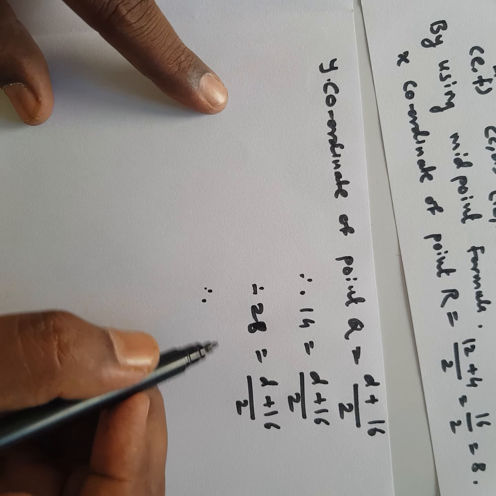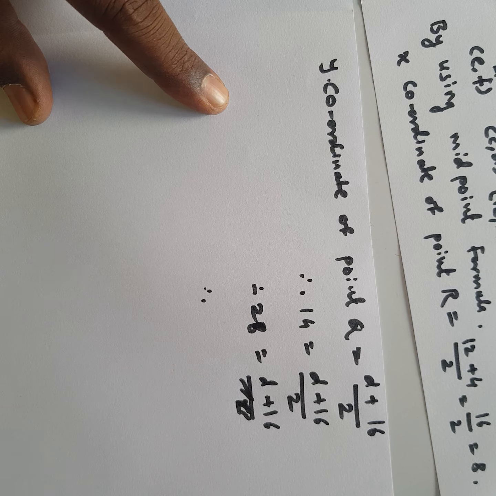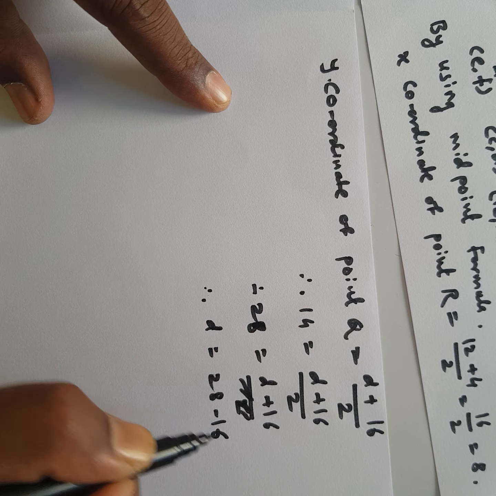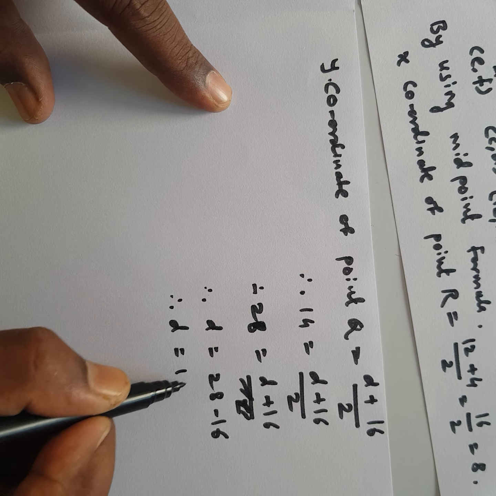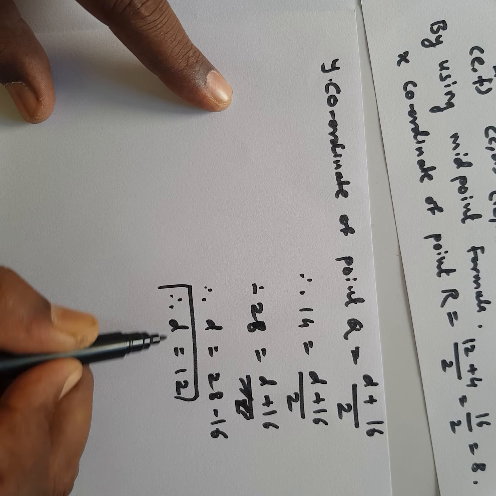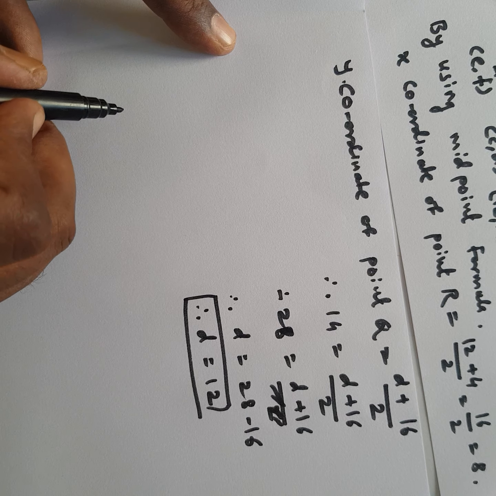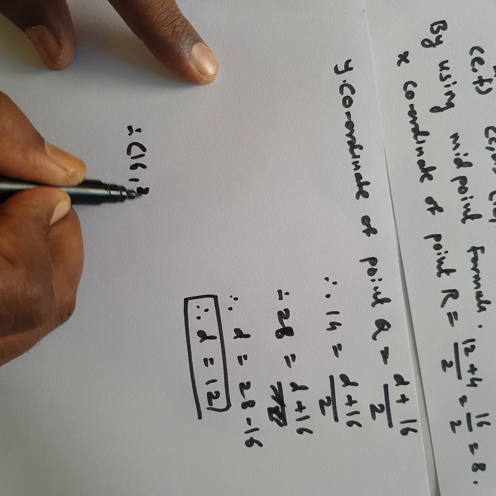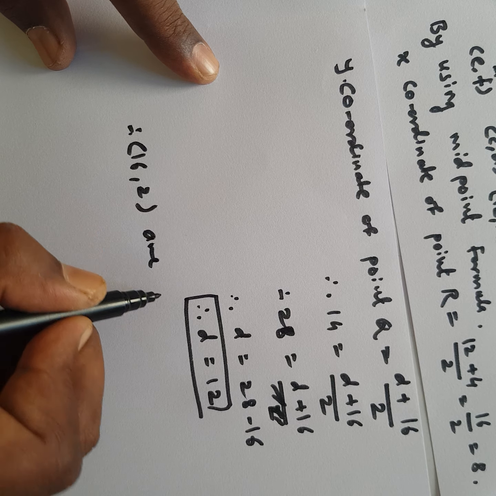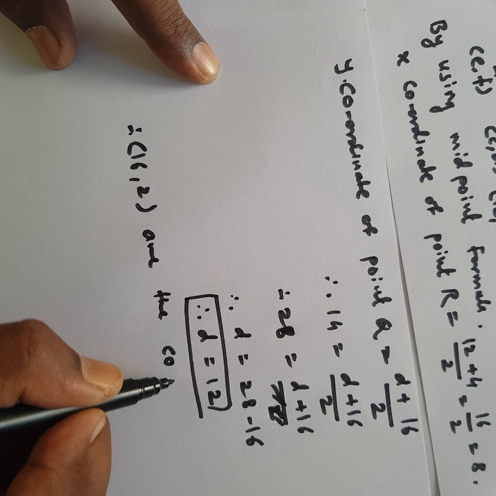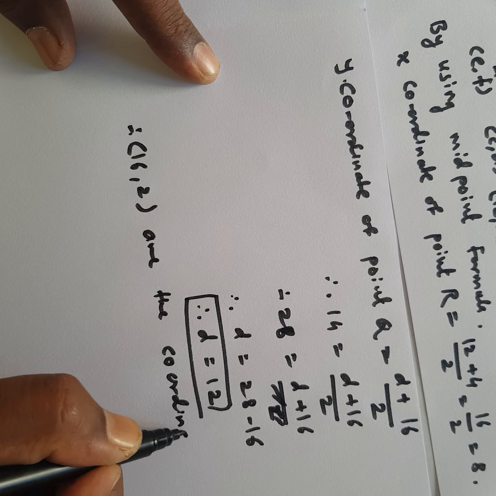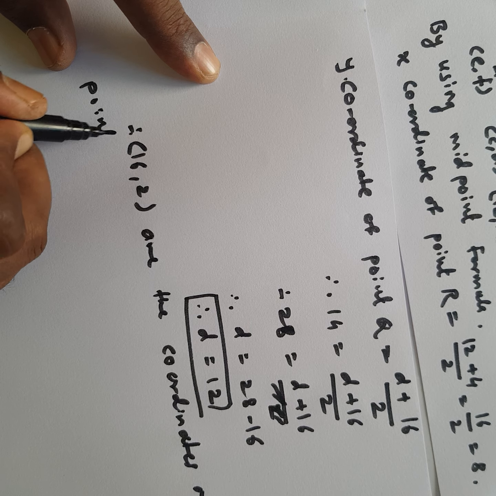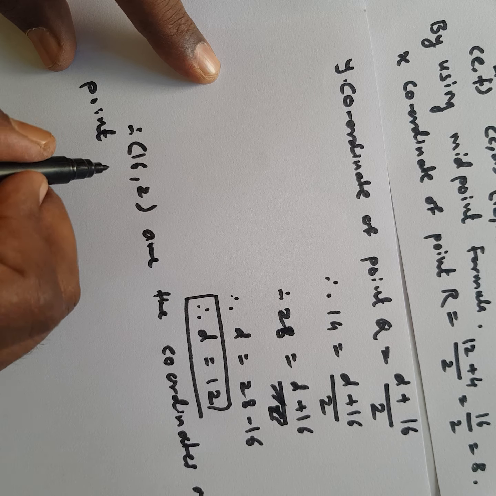Therefore 28 is equal to D plus 16, therefore D is equal to 28 minus 16, therefore D is equal to 12. Here 16, 12 are the coordinates of point P.